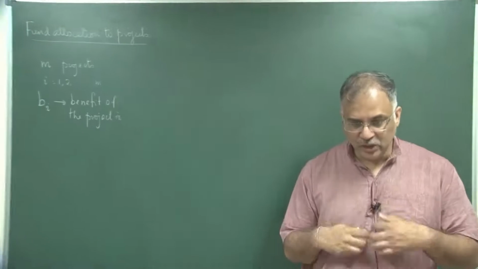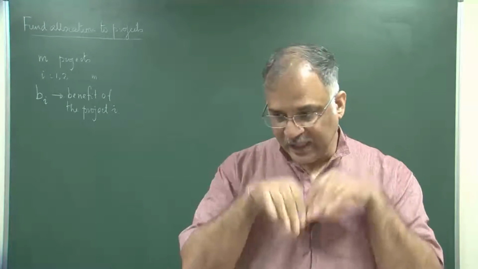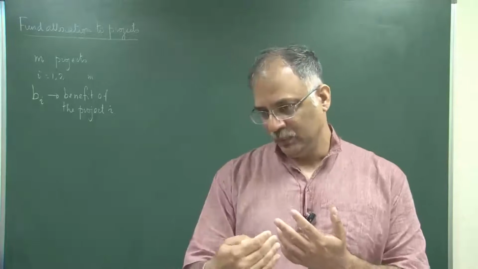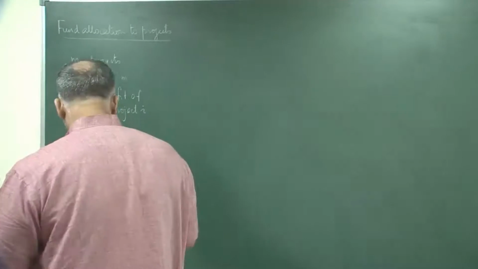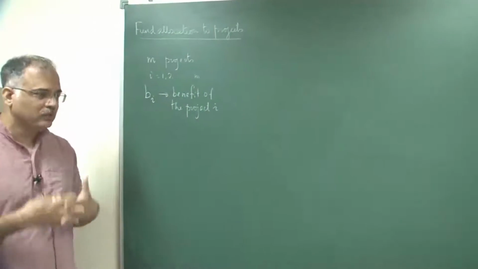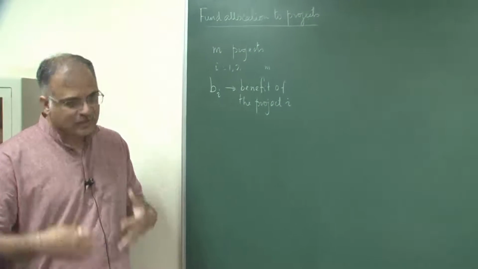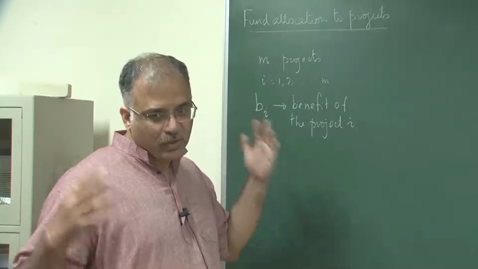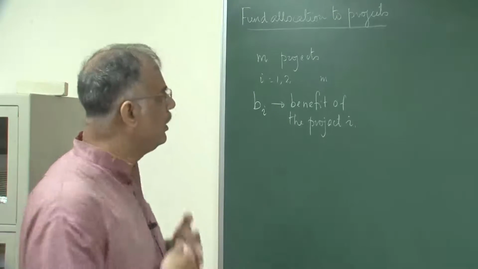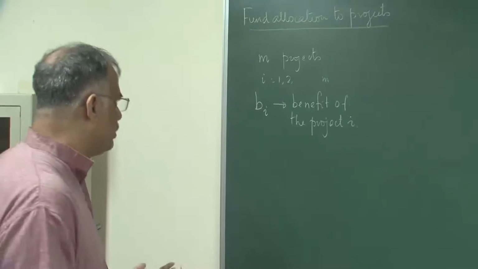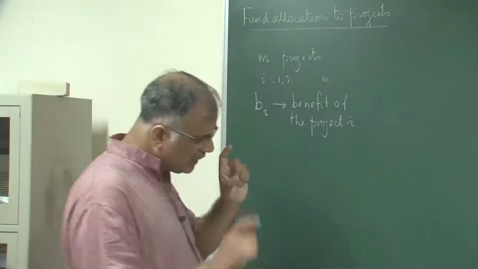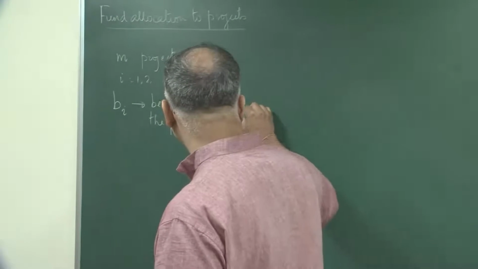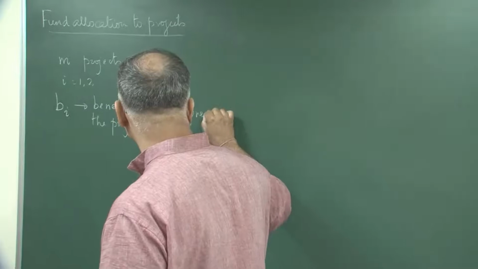I have an initial budget which would be a negative cash flow from my side, and then it will reap benefits which will be a positive cash flow. The difference between the present worth of the positive cash flow and the present worth of the negative cash flow is called the net present value, or NPV, of the project. That difference is called Bi.